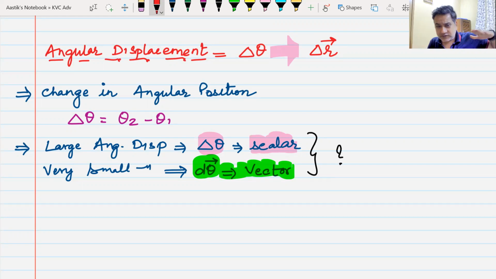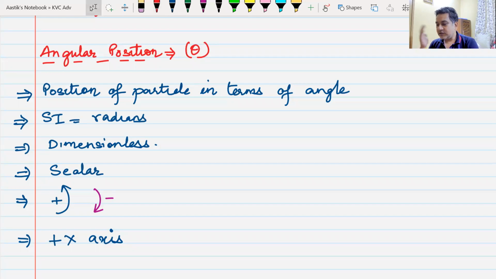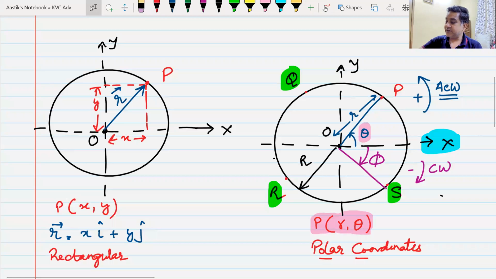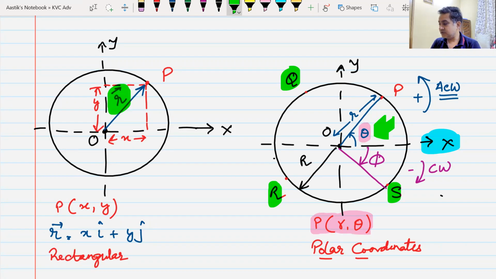Displacement vector is used when the motion is linear, and angular displacement is used when we are talking about circular motion. Similarly, angular position is again telling us the position of the particle, that was done by the gentleman. Which gentleman was it done by? The gentleman right here. This gentleman is doing the same job as this gentleman over here. Yes or no?